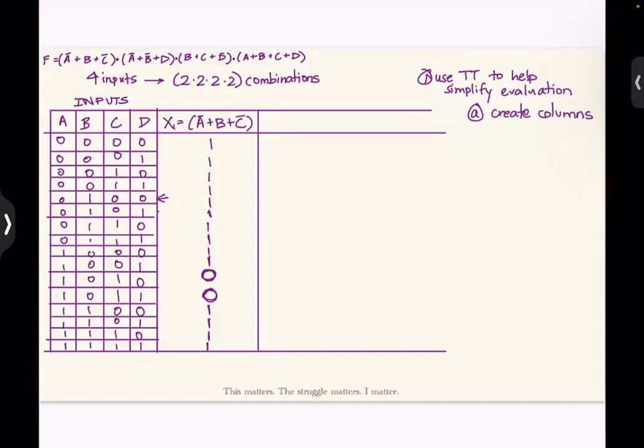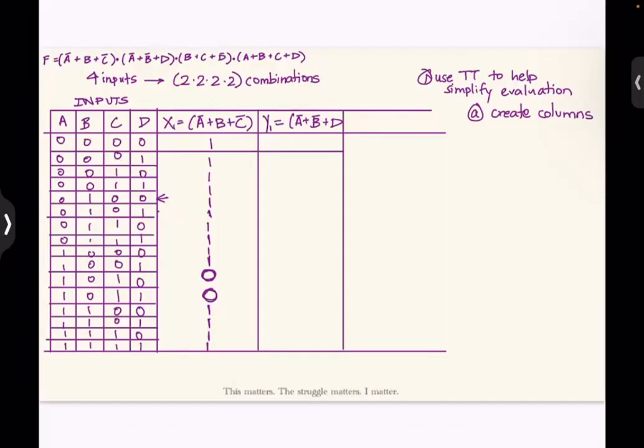I am now creating the second subfunction, which is y1 equals not A or not B or D. So the first approach was slow, but there is a second approach. It uses the concept of De Morgan's law.